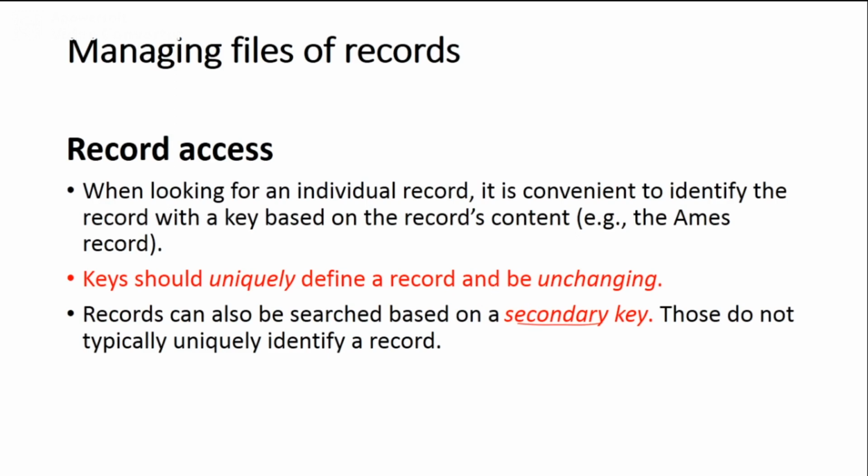If I go for a student record, USN will be the unique key, that is the primary key, and other fields are name, age, semester, branch. Usually name, semester and branch will not be changing. Name and branch you can select as a secondary key, and you can access the record using that secondary key also. So this is the record access method.